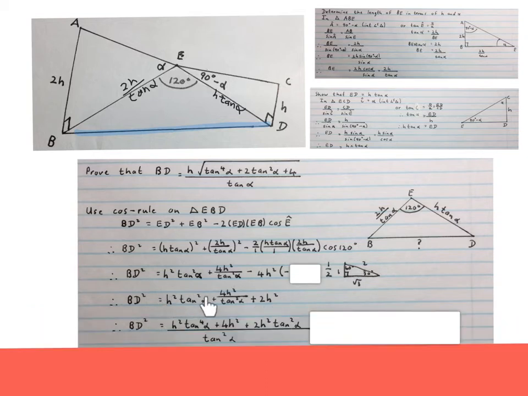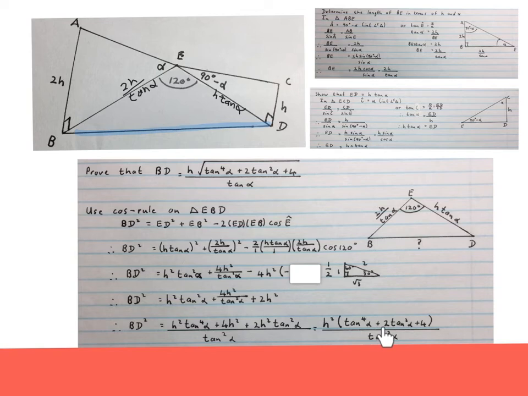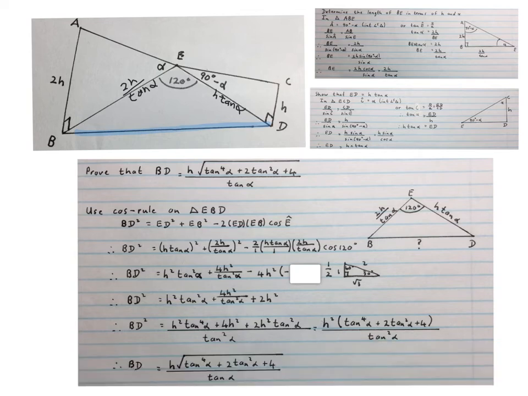Add these three terms into its simplest form. Factorize the h squared out at the top. And square root both sides to get rid of the square over there. And I have my final answer. They asked us to prove that BD is this answer, and there it is. Please stop the video and get your brain around this part.